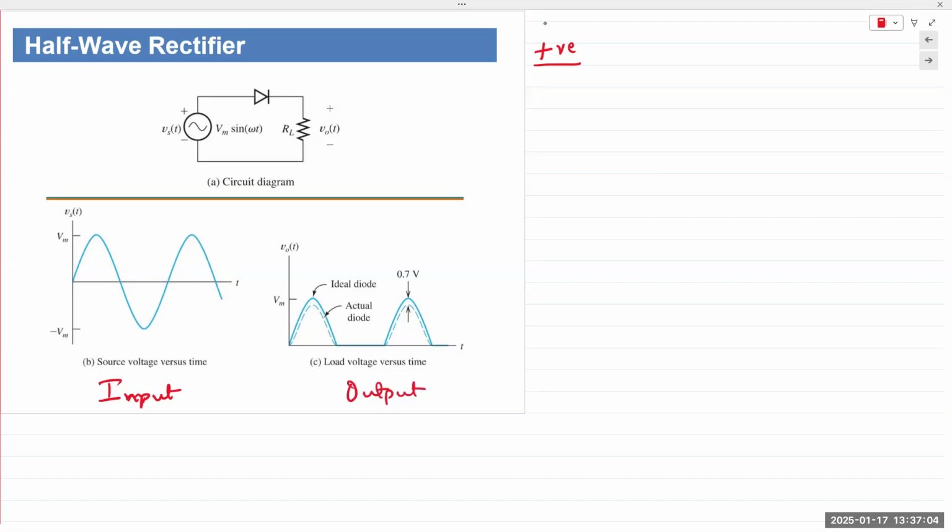Okay, so in the positive half cycle, we can represent our input source as a battery with plus at the top. So is my diode forward bias or reverse bias? Is it on or off? Anyone? Positive connected to the anode. So you're right, it's on.